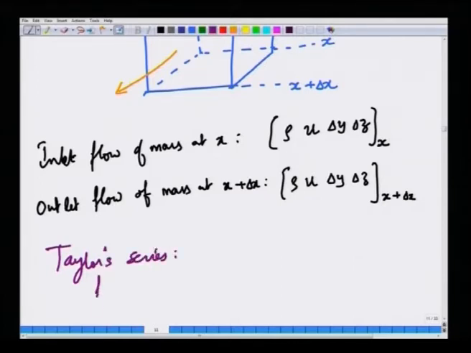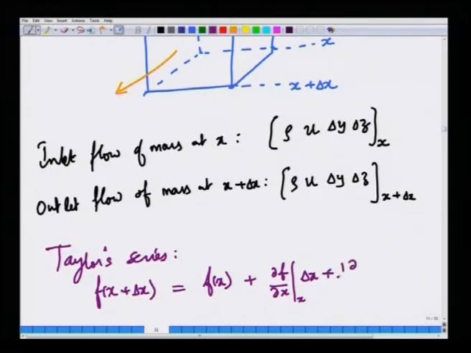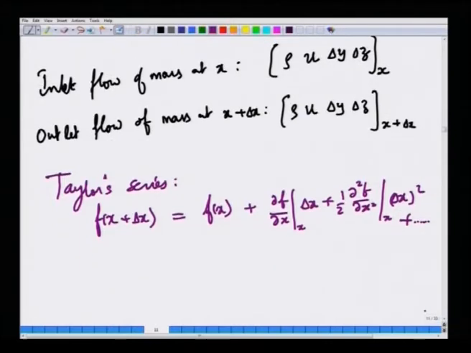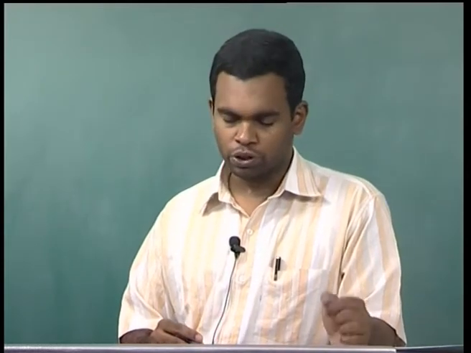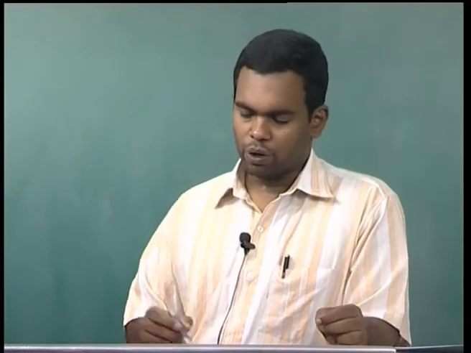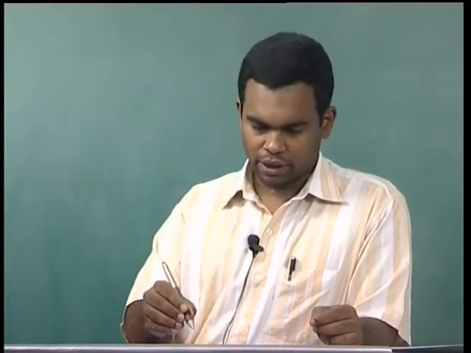The Taylor series says that if you want to evaluate a function at x plus delta x, where delta x is infinitesimal, that is approximately equal to the function at x plus its derivative evaluated at x times delta x plus higher order terms. So, it is an approximation, it is called the Taylor series approximation, wherein you can construct the value of the function at a neighboring point using the known value of the function, its derivatives at an original point, okay, x. So, we are going to apply Taylor series expansion at phase x.